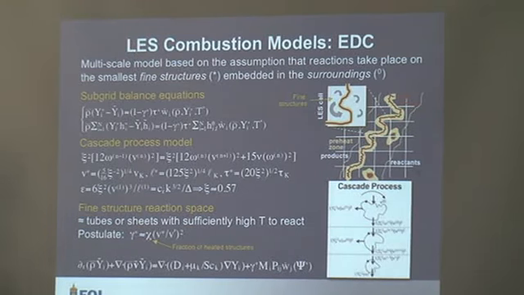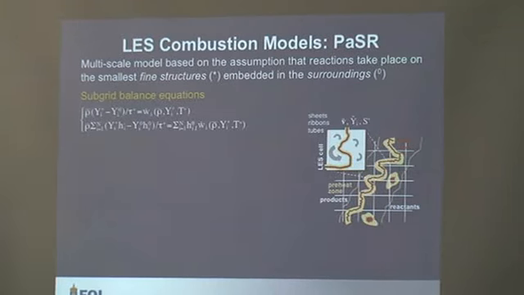This is the second model of this kind. We have worked also with another model, the partially stirred reactor model. It draws on what Magnussen has done, and it draws on what Wallis has done. It's a slightly different approach, but it has many similarities with the Magnussen model.